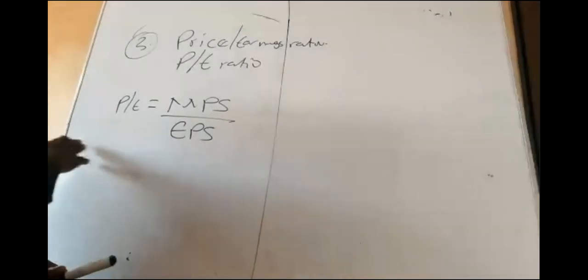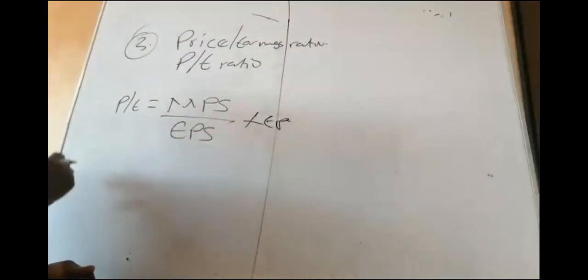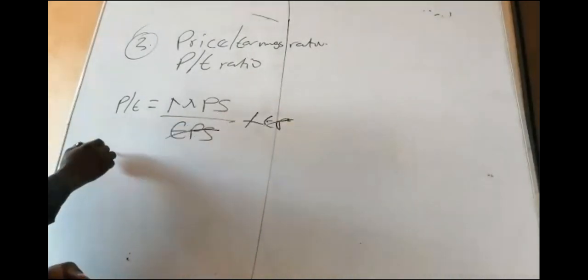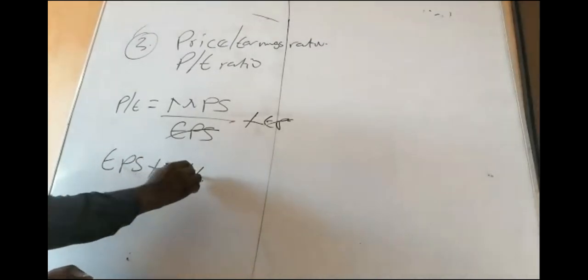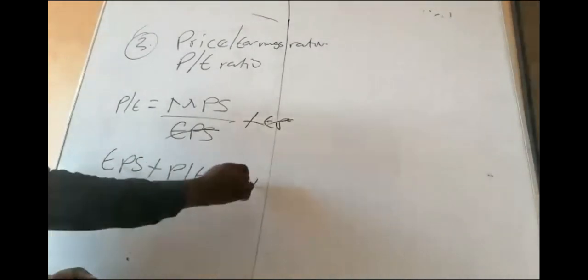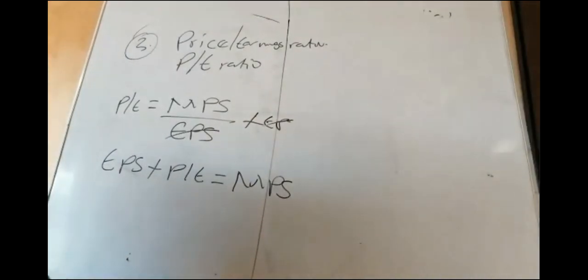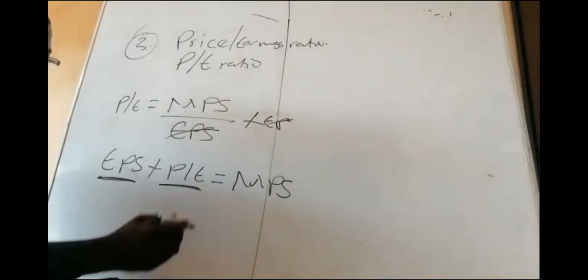You multiply by the EPS, and this one cancels this one away. Therefore, EPS times the PE ratio gives us the market price per share. So the market price of the shares is nothing but your earnings per share times the PE ratio.